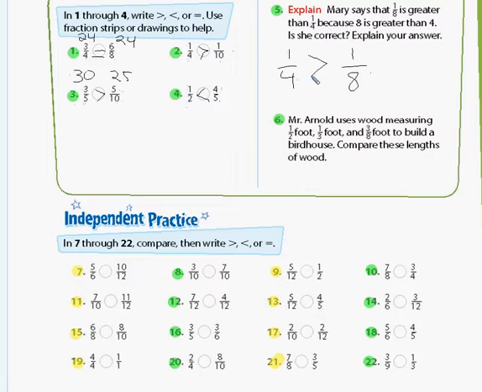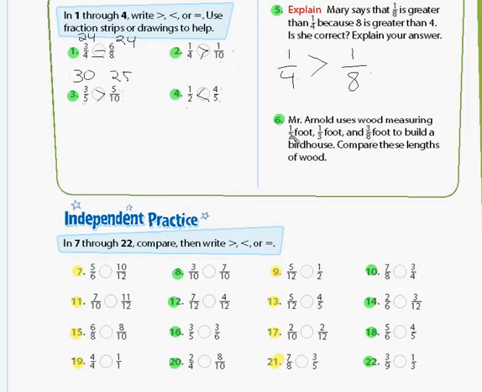Problem number 6. Mr. Arnold uses wood measuring 1/2 foot, 1/3, and 3/8 to build a birdhouse. Compare these lengths of wood. And right here we have 3 fractions. The first thing I'm going to do is compare all these fractions to 1/2.